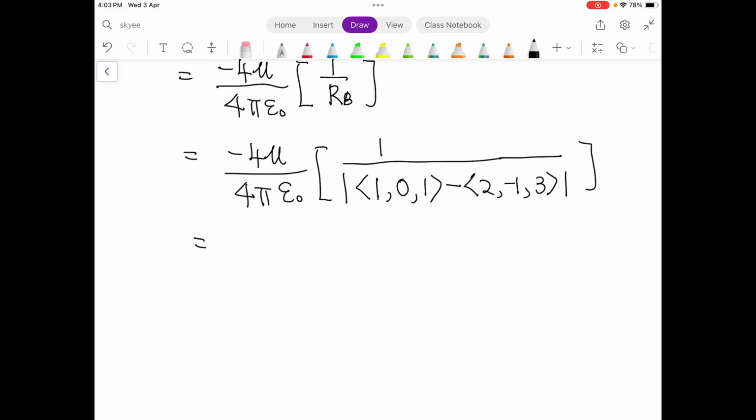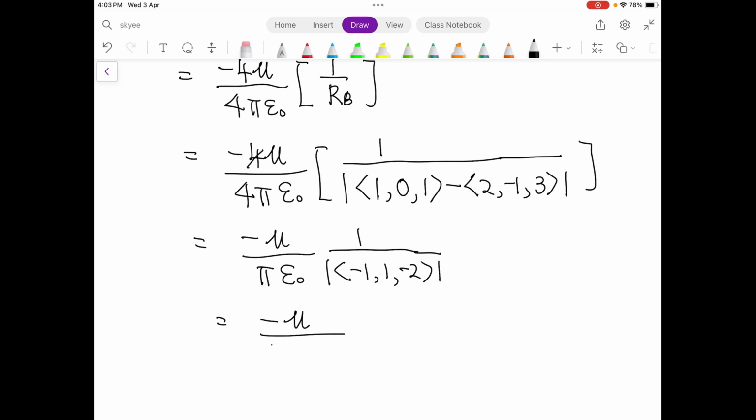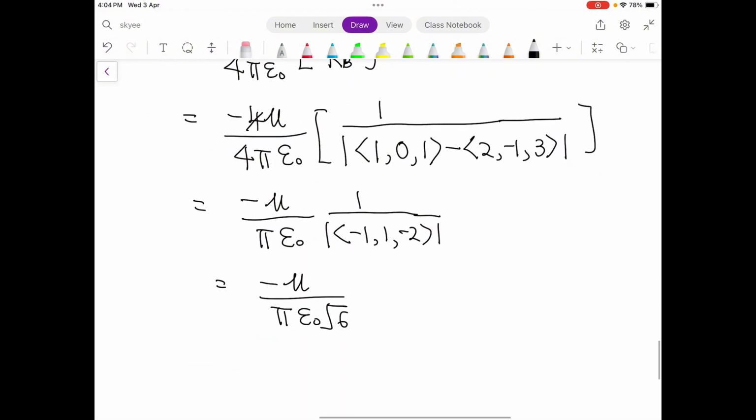So this one you will get your answer equal to negative micro over pi epsilon naught, so you will have 1 over the magnitude, which is square root 6.